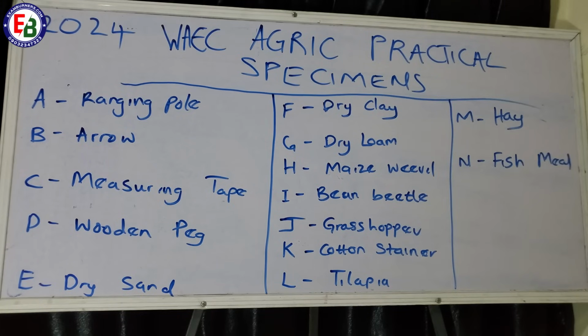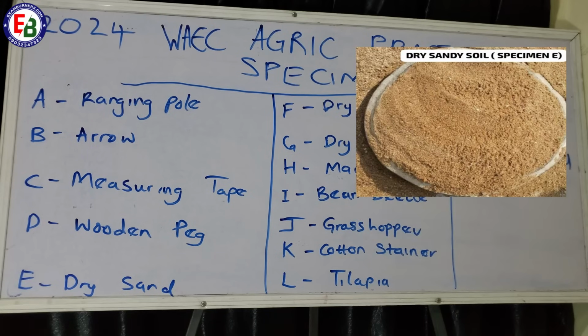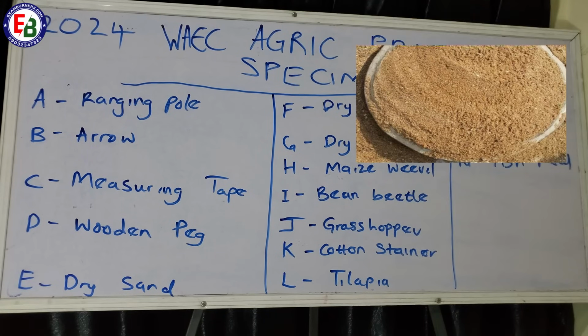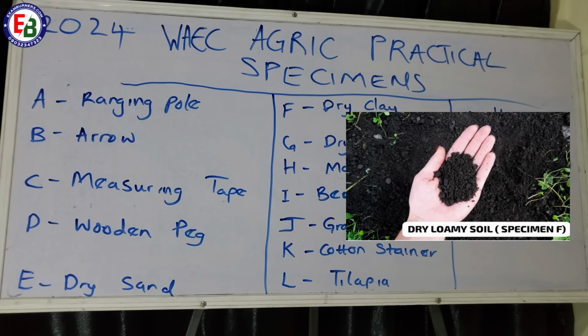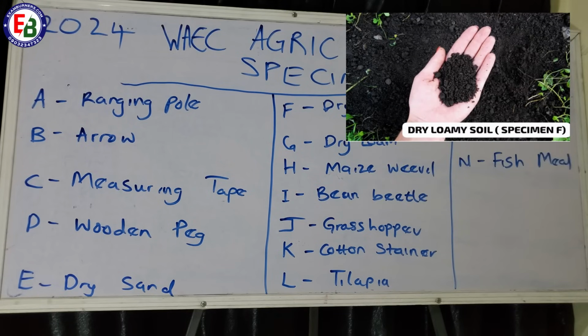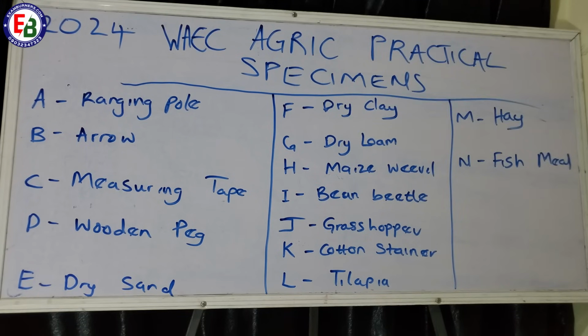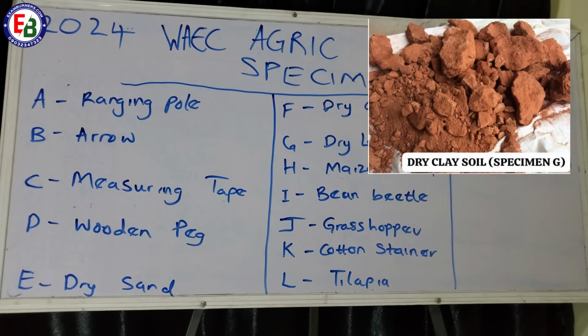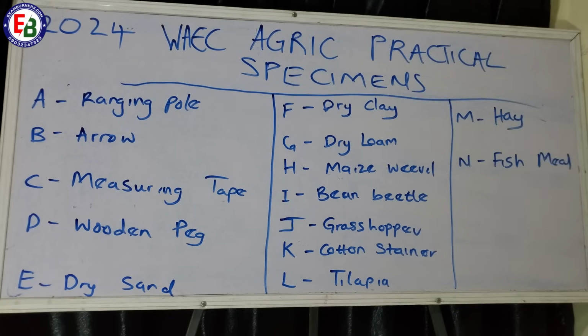Then let's go to question number 2 of your Agric practical. In question number 2, you'll be told to identify specimen EFG. So you'll be given those soils physically. It's through the colors and the texture of the particles that you can distinguish them. So you'll be given dry sand, dry clay, and dry loam.